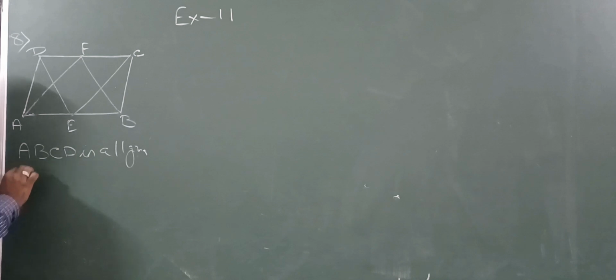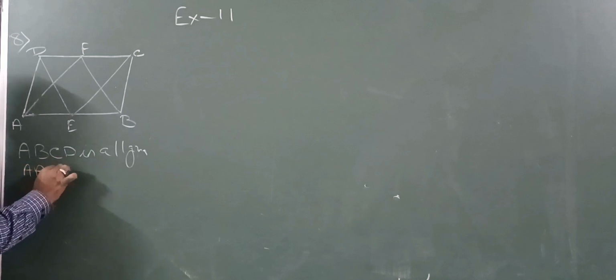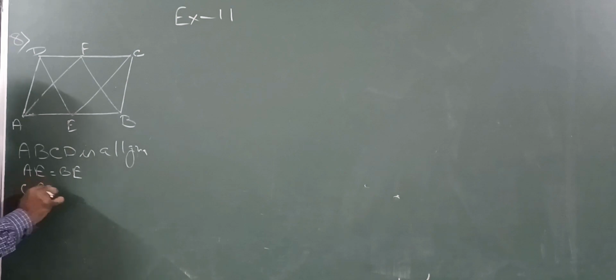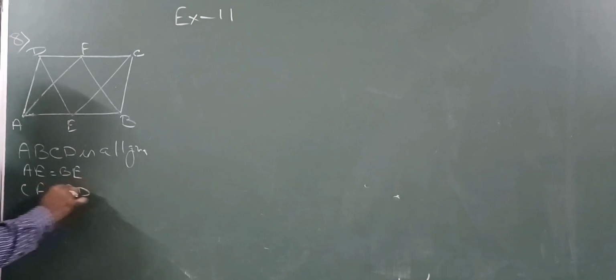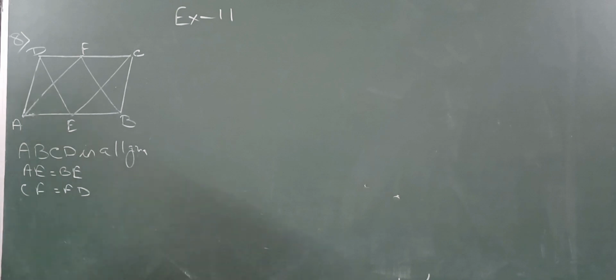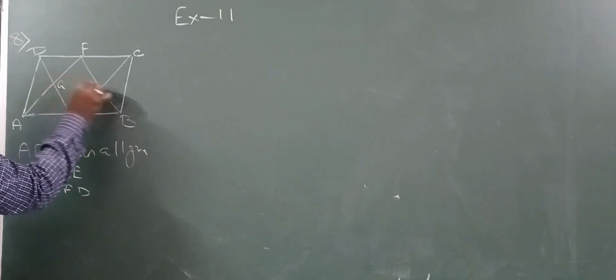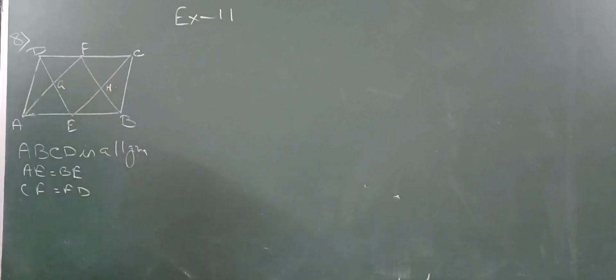So we can say that AE equals BE and CF equals FD. It's given. Now the question says that the straight lines AF and BF meet the straight lines ED and EC at points G and H respectively. These are the intersecting points G and H.